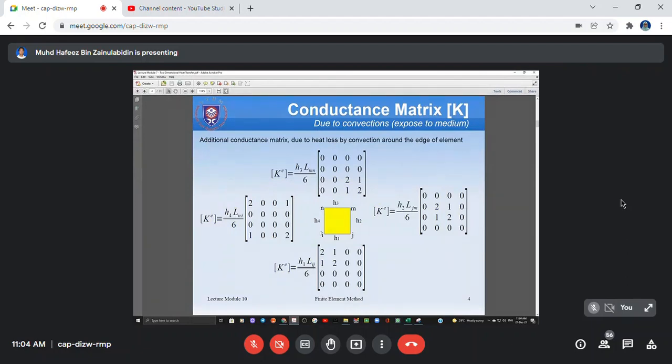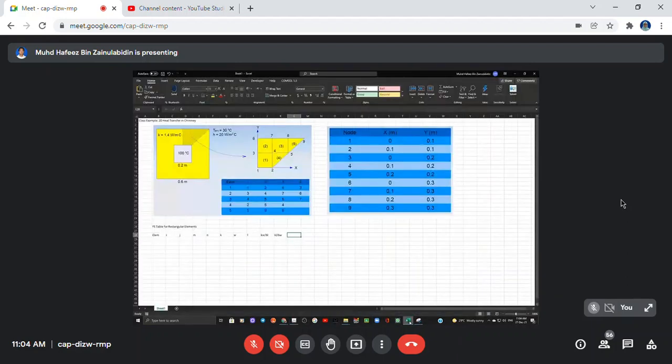Okay, the next one. K due to convection. What we need here is H. What is H? H is the length of the side. Since the rectangular is a square, 1 to 2, 2 to 4, 4 to 3, 3 to 1 are the same dimension.